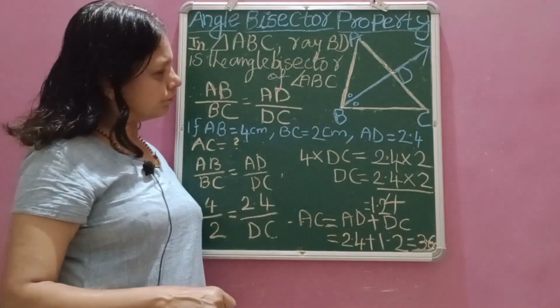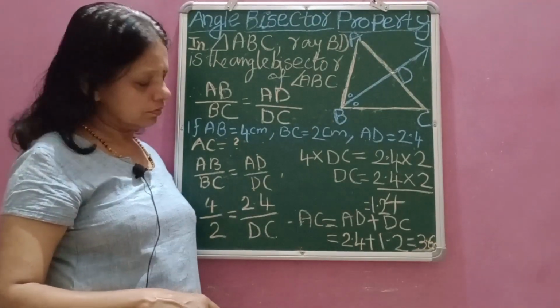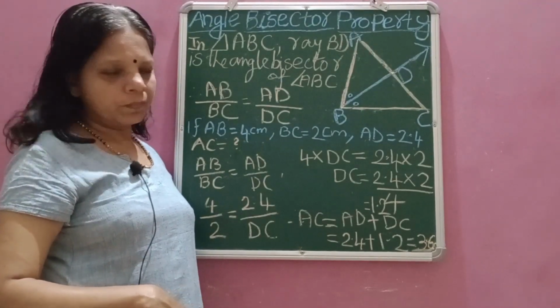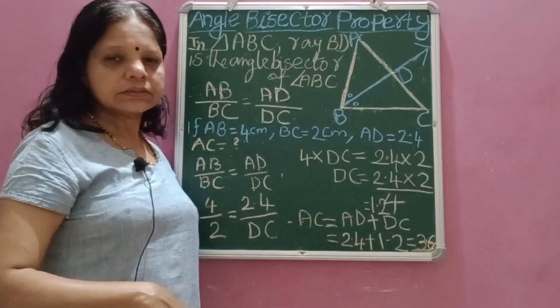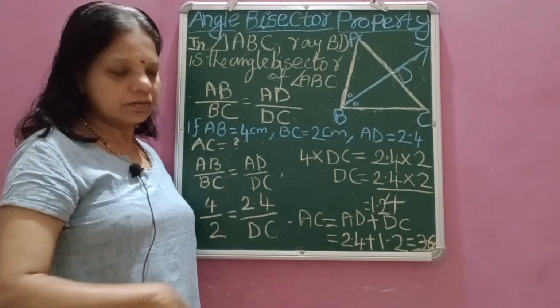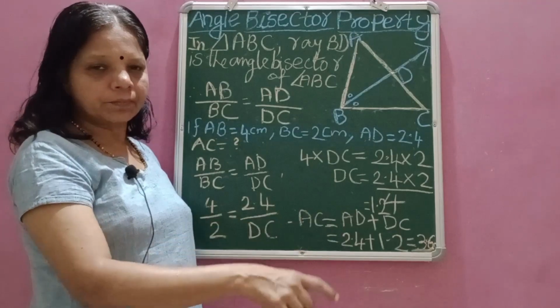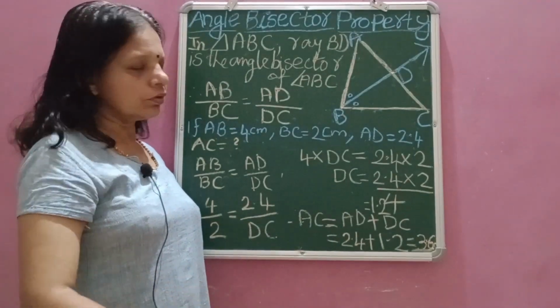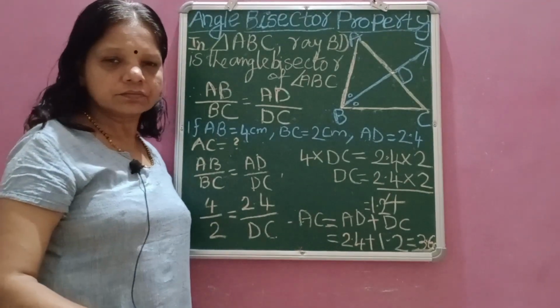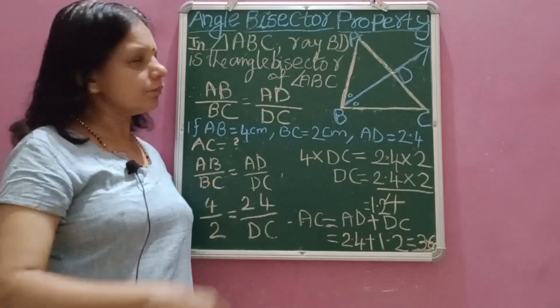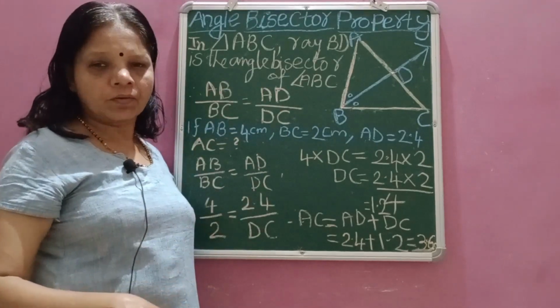What is the value of AC? 3.6 centimeter. So in this way we can solve sums using the angle bisector property.